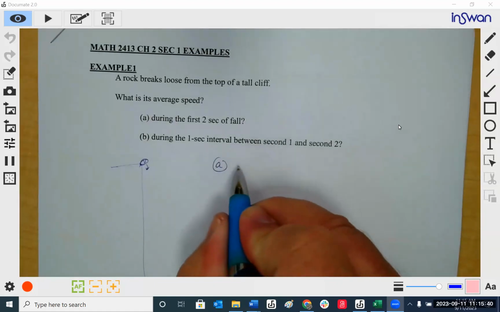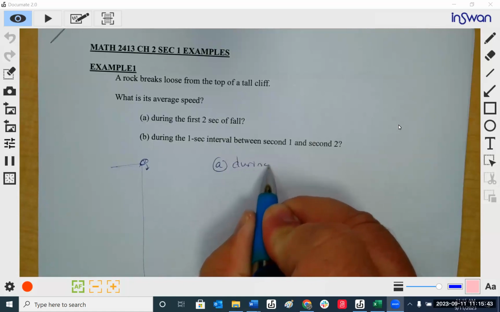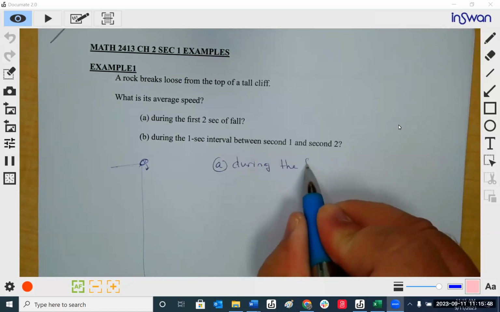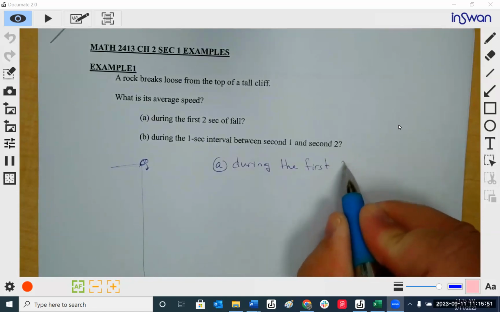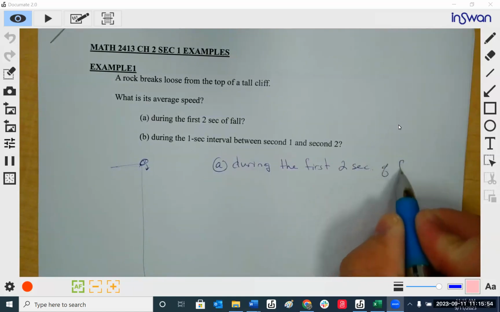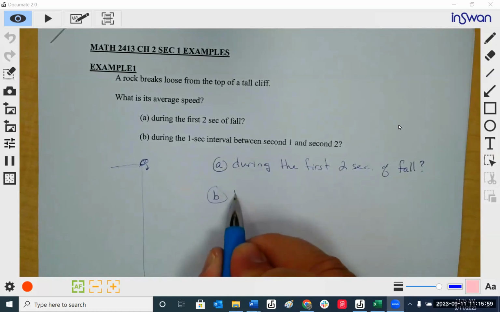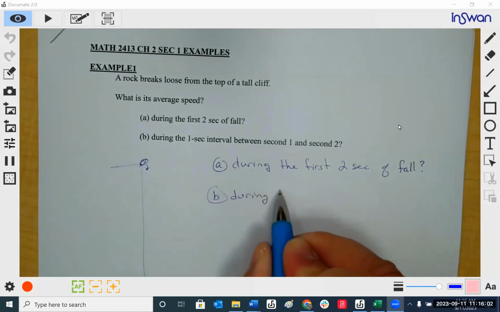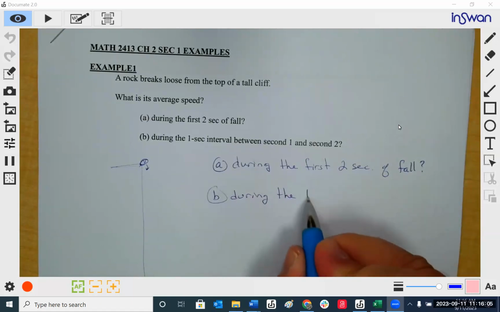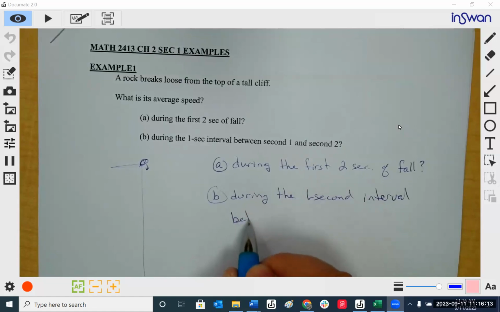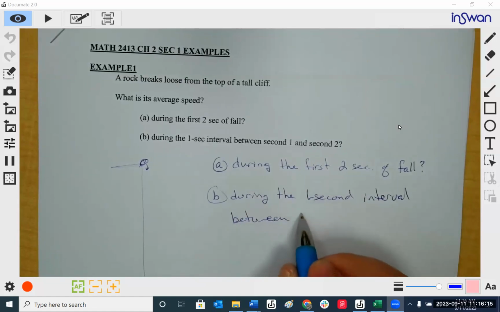A, during the first 2 seconds of fall, and B, during the 1 second interval between 1 and 2.